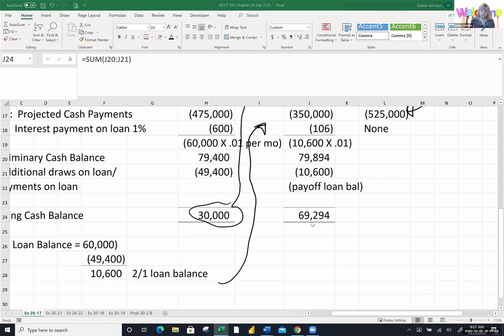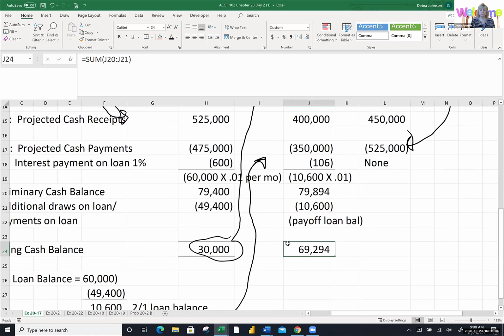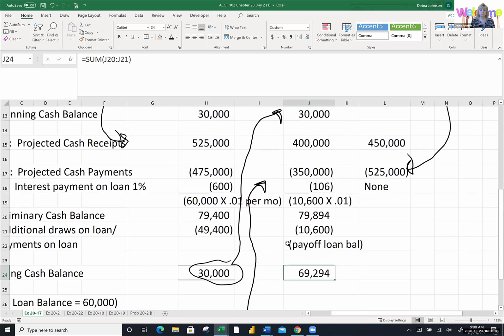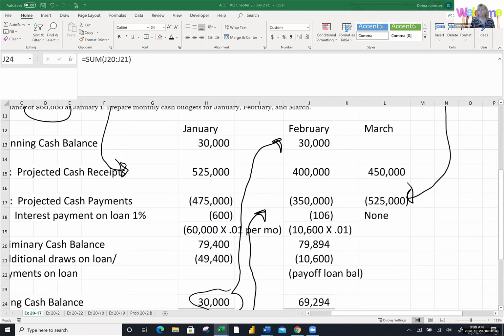So you know what we're going to do with that number? We're going to go run the last line, the last column. So before I do that, any questions on January or February? Okay, then let's run it again.